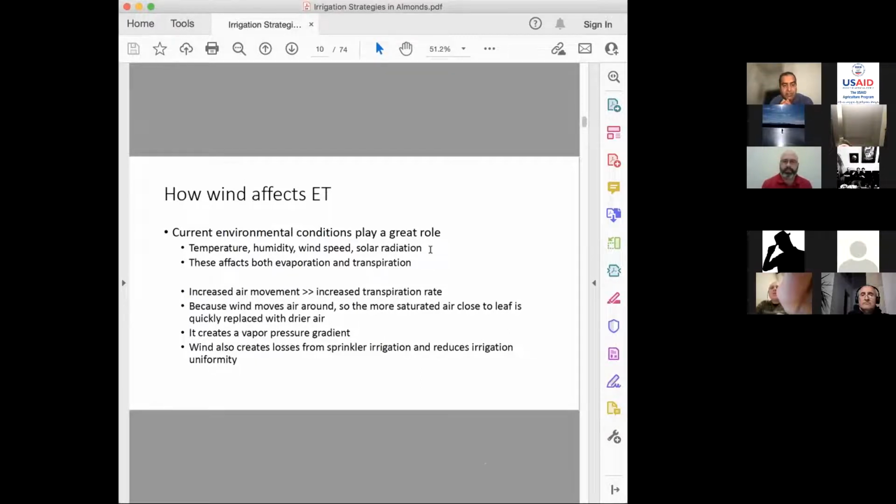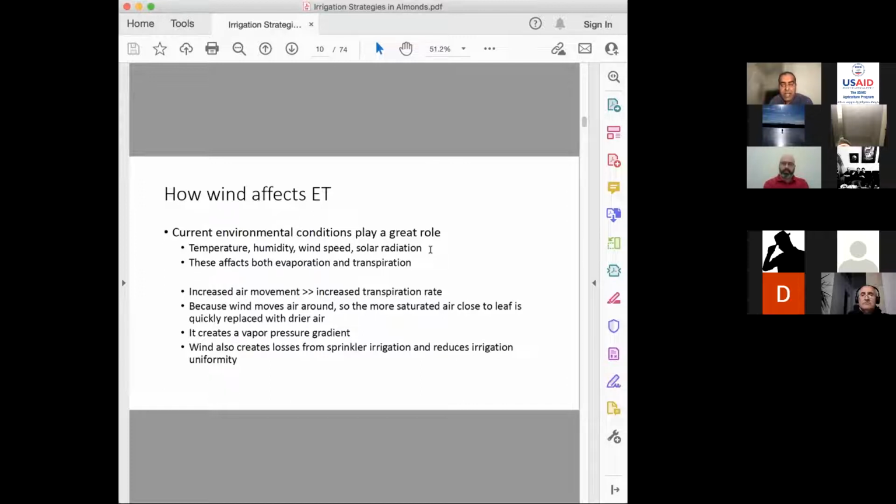That is because when wind is moving around, the air closer to the leaf is more saturated because it has water vapor in that air escaping from the leaf stomata. But when the wind is moving fast, that saturated air is shifted away and it is quickly replaced by drier air coming from outside, okay?